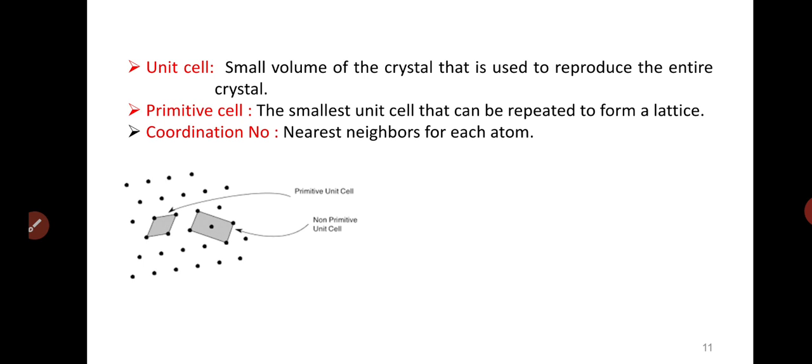Now, what do you mean by the coordination number? That concept is coming again in the next discussion. But here we can define the coordination number as the number of nearest neighbors of each atom.